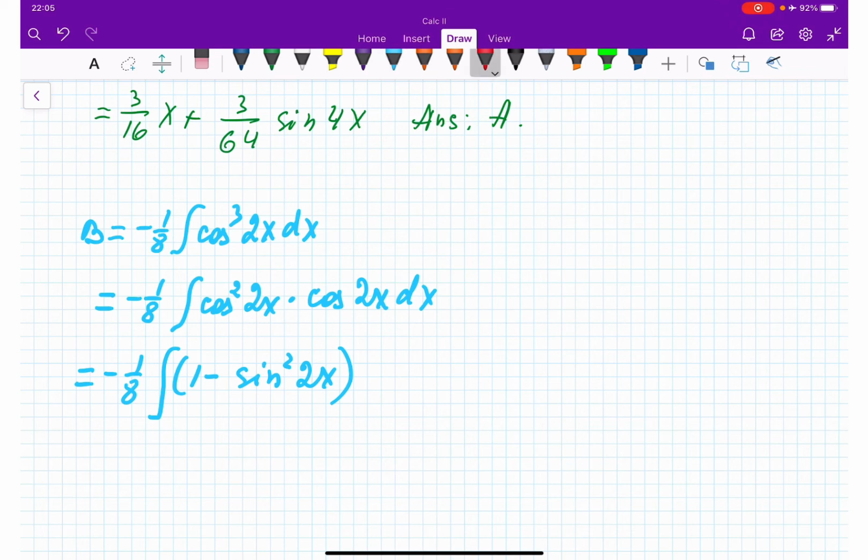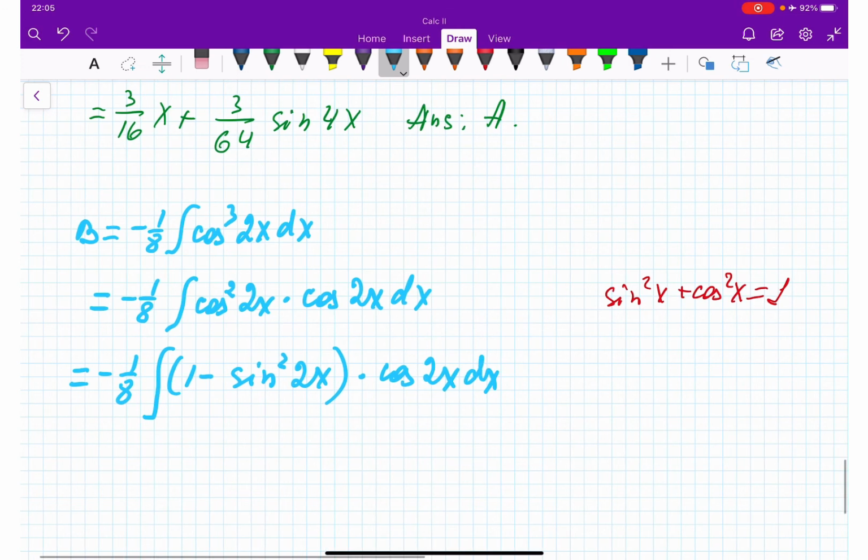We are using sine squared x plus cosine squared x equal 1. So cosine squared 2x is equal to 1 minus sine squared 2x, and times cosine 2x dx. Why did I do that? Because it's easy when I start doing substitution here.